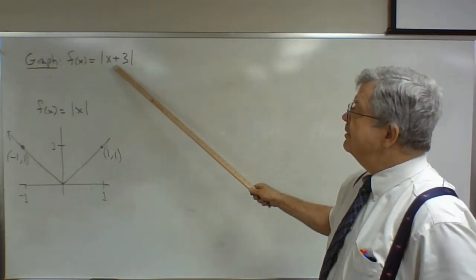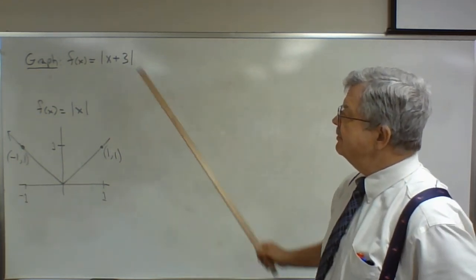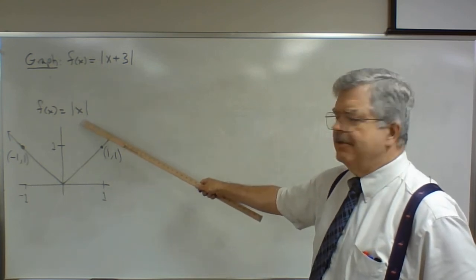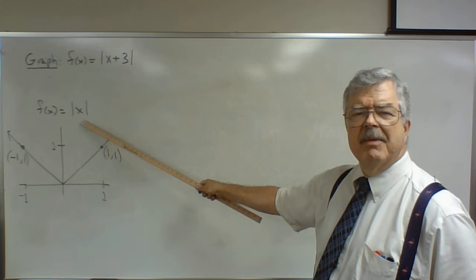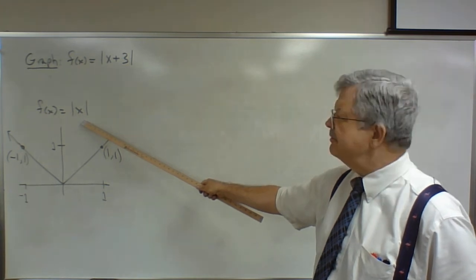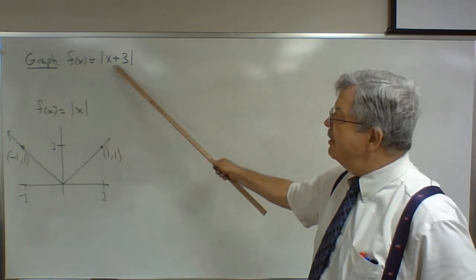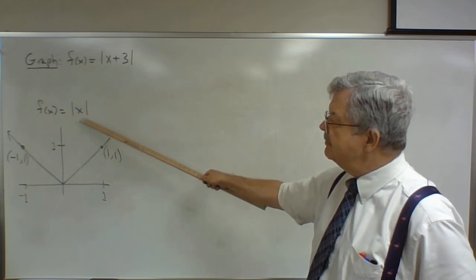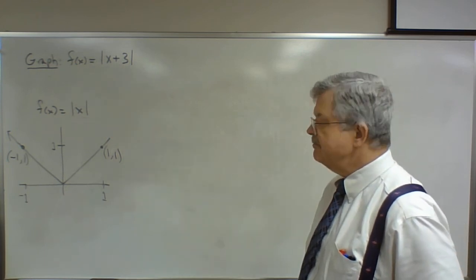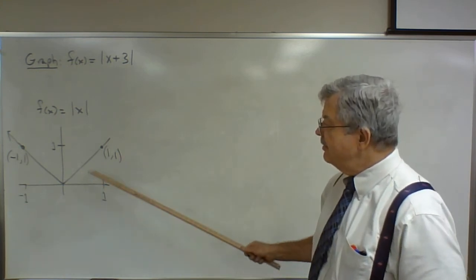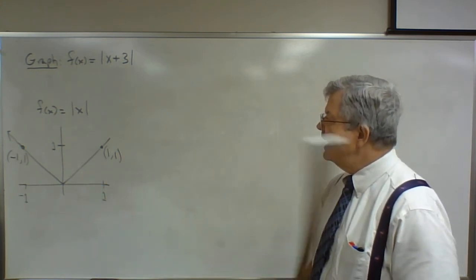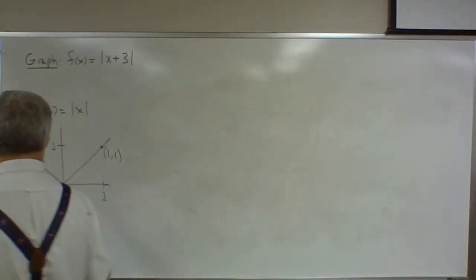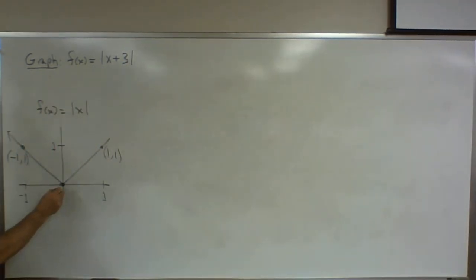f of x equals absolute value of x plus 3. To graph this, I refer to the basic function in my repertoire of functions that most closely resembles this, and that's going to be f of x equals absolute value of x. Here's what the graph of f of x equals absolute value of x looks like. And let me add one more detail for good measure.